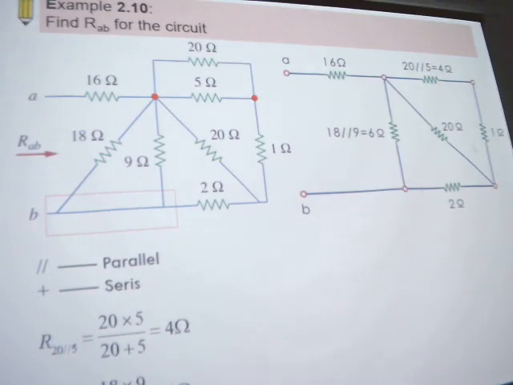And then we can redraw this figure like this one, here and here. Clear? And now you can see it's easier, right? And we see those 2 are in series, and those 2 in parallel. So we can write it like this: 4 plus 1 parallel with 20.